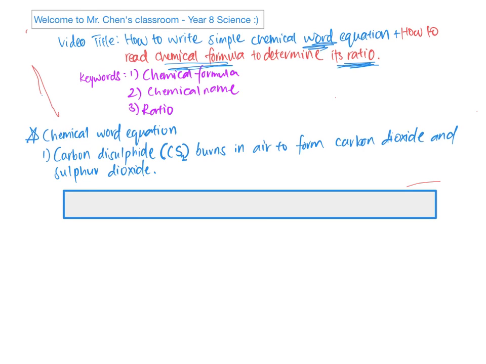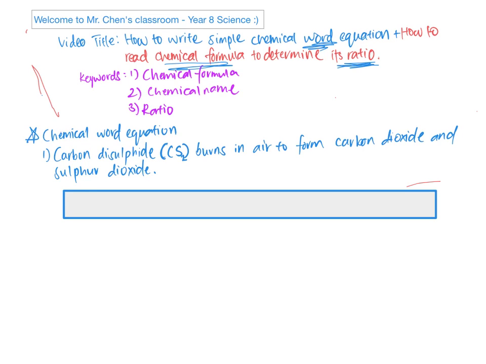These two things are very crucial when you move down the track, because they will help you understand a lot of things in science, especially the chemistry side of it.